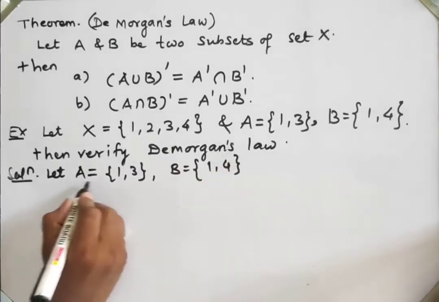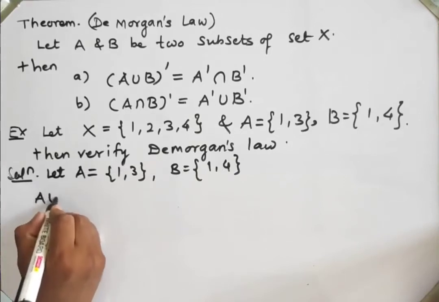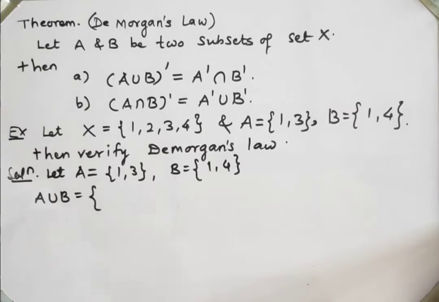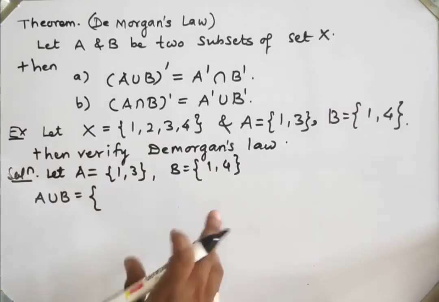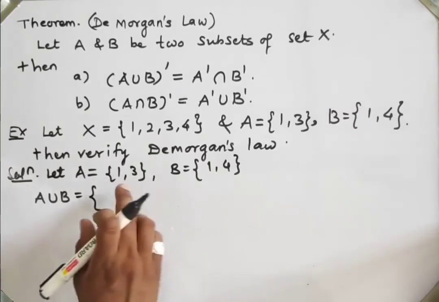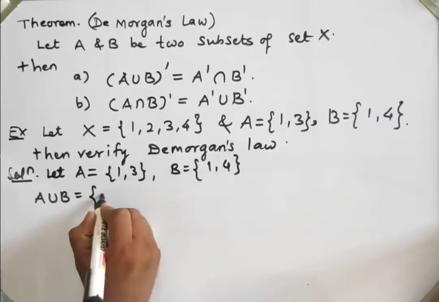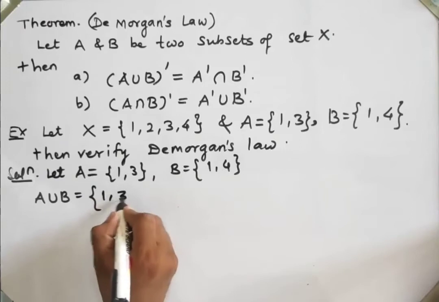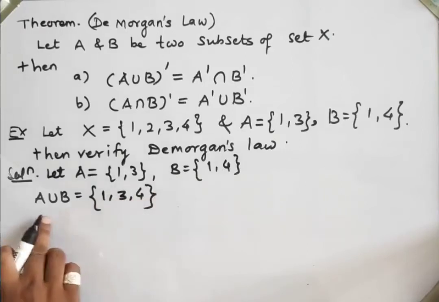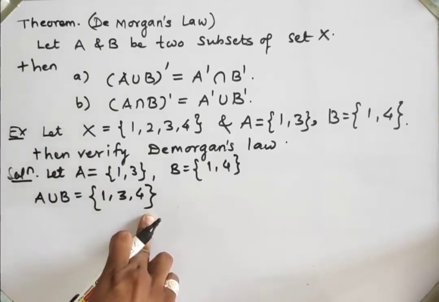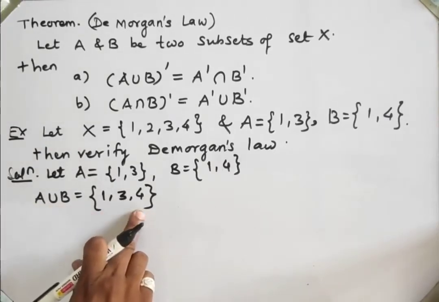Then we find the union, A union B. What is the definition of union? Union is the set of elements which belong to at least one of the sets. So A union B will be {1, 3, 4}.